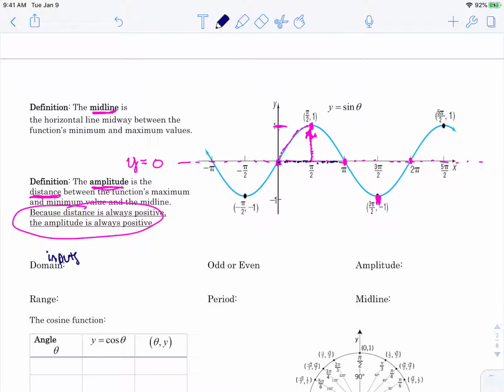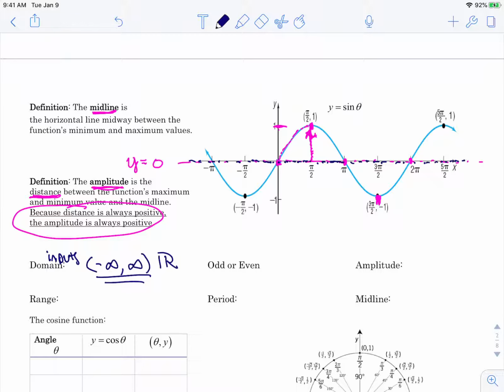We put in all these angles. We put in all these angles. I could also go in the negative direction and put in negative angles, right? The fact that this function is continuous, I can put in any single angle I want. And that's why my domain is negative infinity to infinity. Another way to write that is all reals, but at this level, we want to use interval notation.